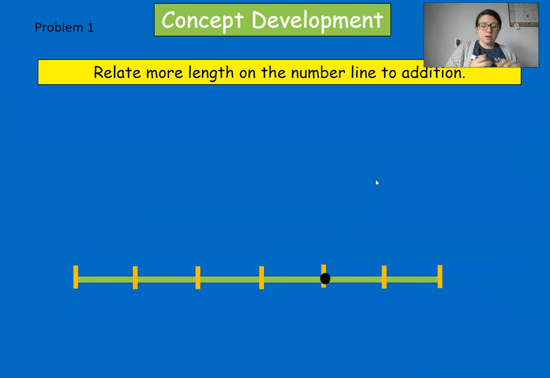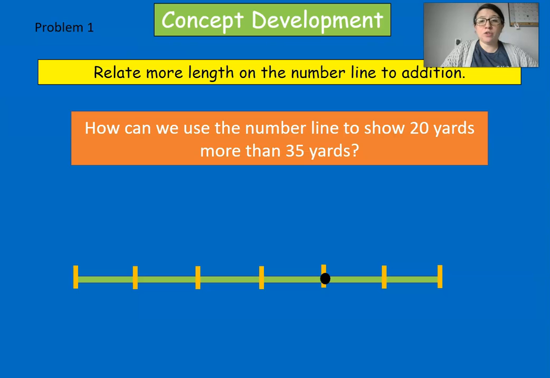All right, so we're going to get ready to draw some more number lines. We're going to relate length, like we've been talking about it, to a number line. We're going to use a number line to show 20 yards more than 35 yards. So go ahead and draw a number line on your paper. We're going to show 35 yards at one endpoint.